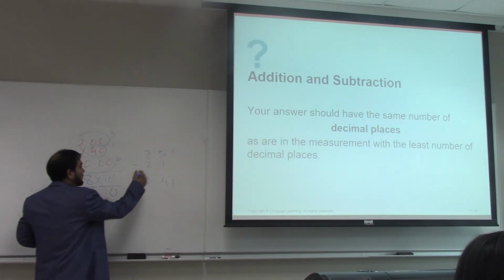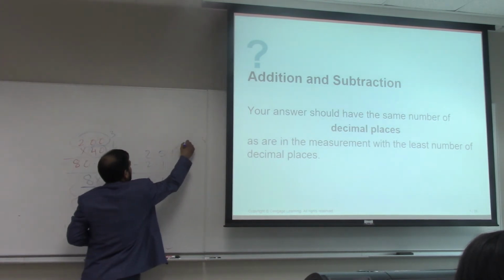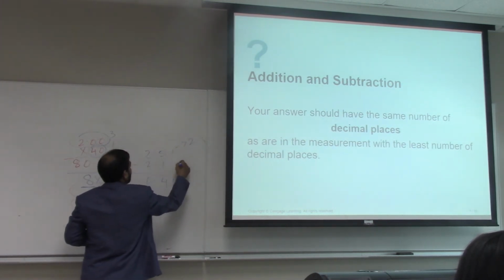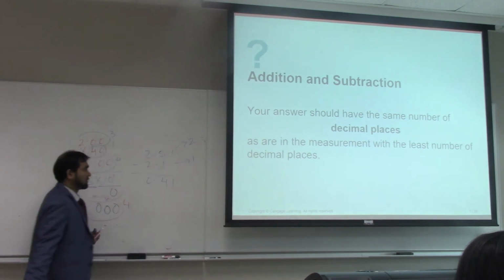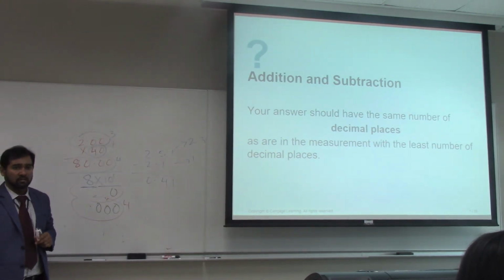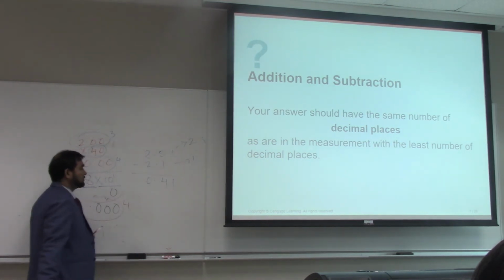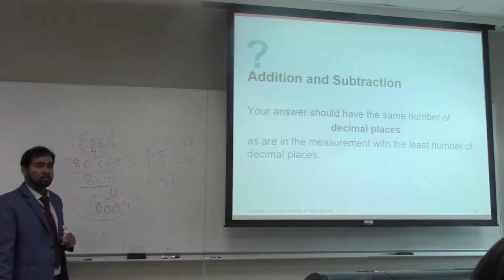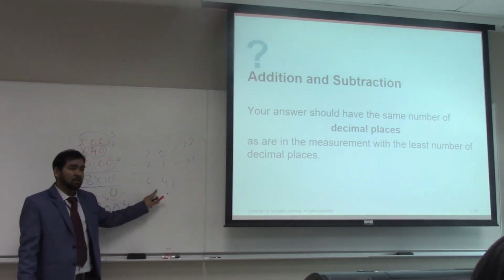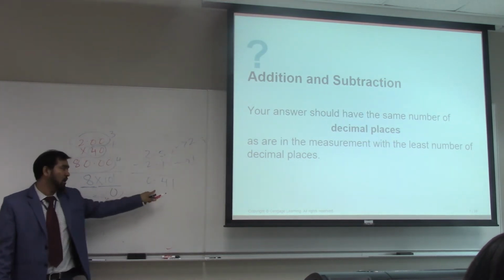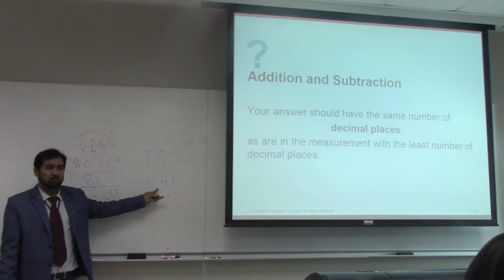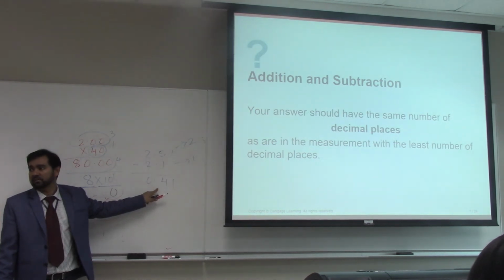You have a 2 decimal number and a 1 decimal number. Which one can you pick? 1, the lowest decimal places. Can you keep 0.41? And tell me, as it is 0.41, how many sig figs do you have here? 2 sig figs, because a leading 0 is never significant.